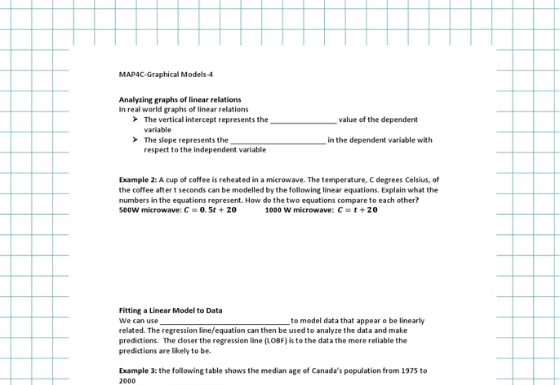Now, when we're talking about analyzing the graph, when we're looking at a graph or at an equation, at a plot, we're looking at the y-intercept and at the slope of a line, okay?